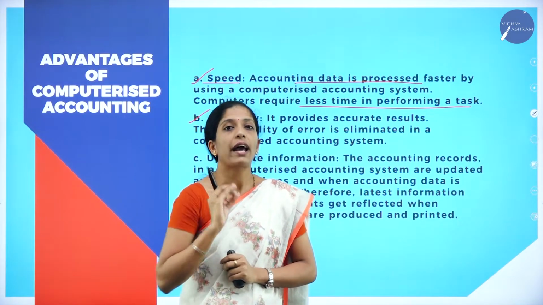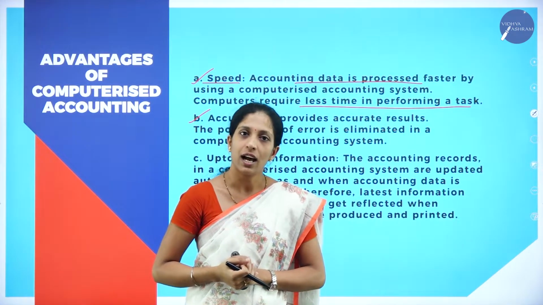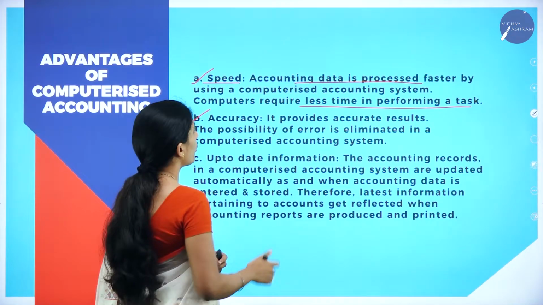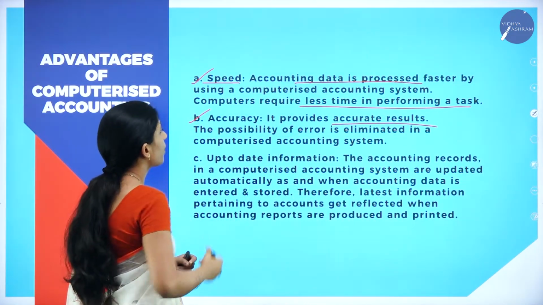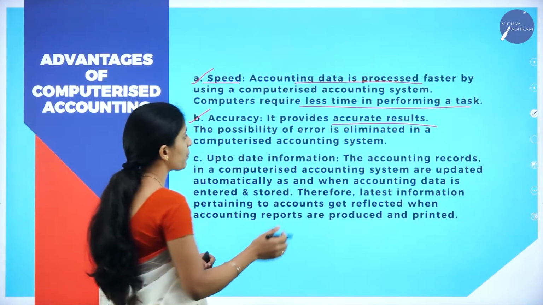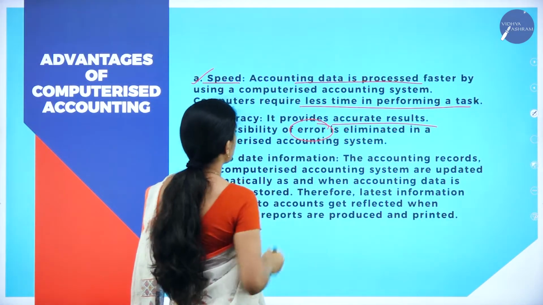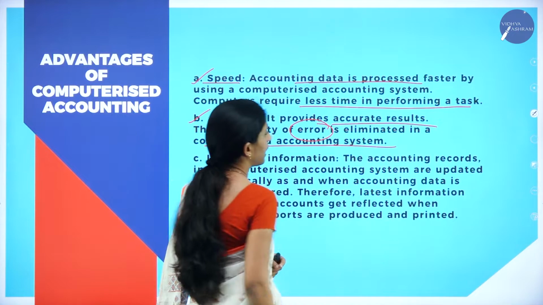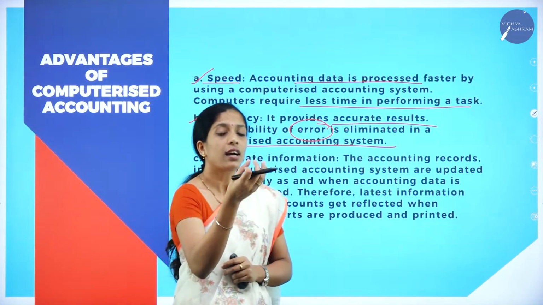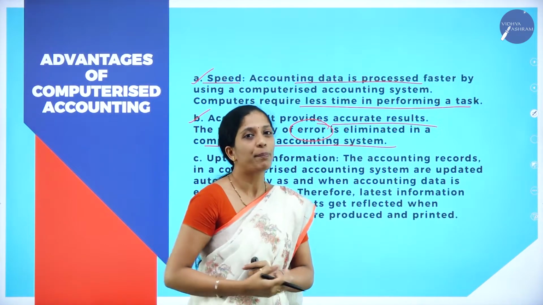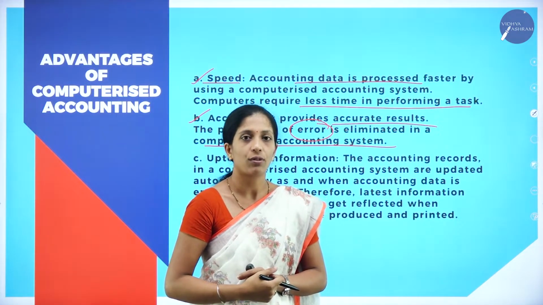So here the accuracy of data is very high. It provides accurate, that is, correct results. The possibility of error, that is, the possibility of mistakes, is eliminated in the computerized accounting system. Posting errors or counting mistakes will not happen in the computerized accounting system.